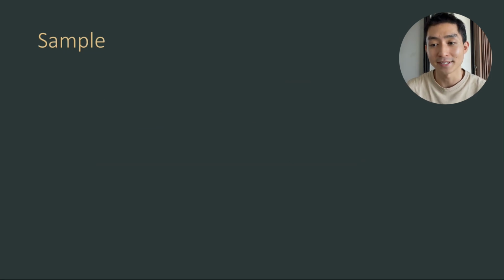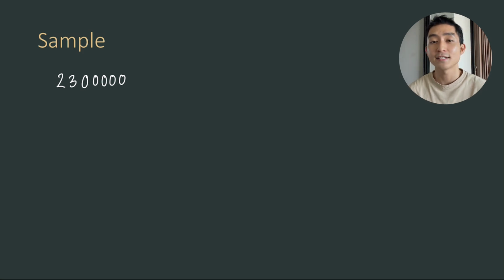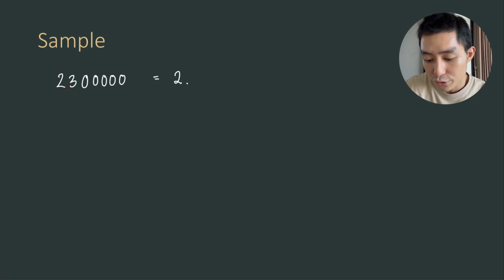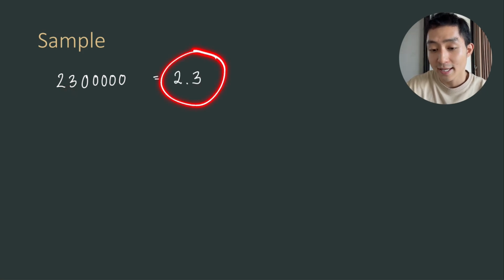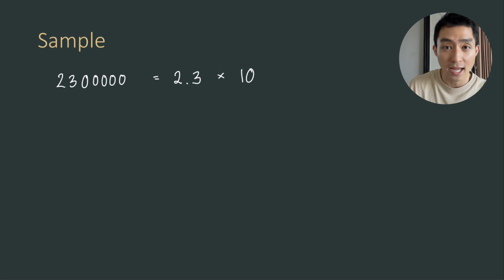Let's do some examples. Let's say I have 2,300,000 and I want to convert that into scientific notation. Back to the rule that scientific notation keeps only a single digit for a. So we start here with 2.3. That's what we're going to keep. 2.3 is between 1 and 10, so it is safe. Now we need to decide how many multiplications of 10 it's going to need.